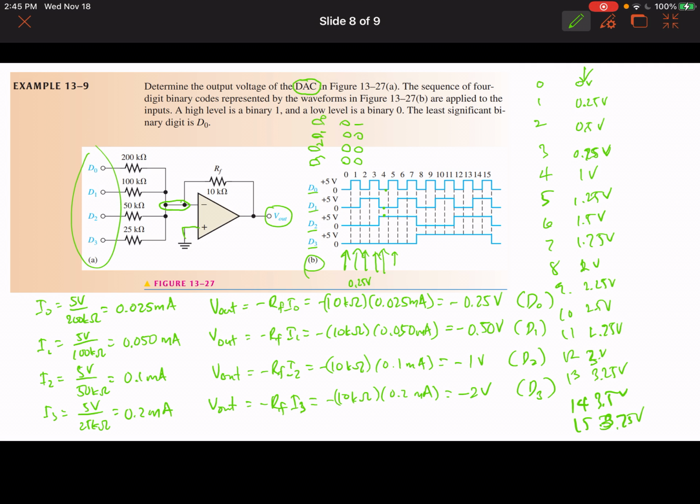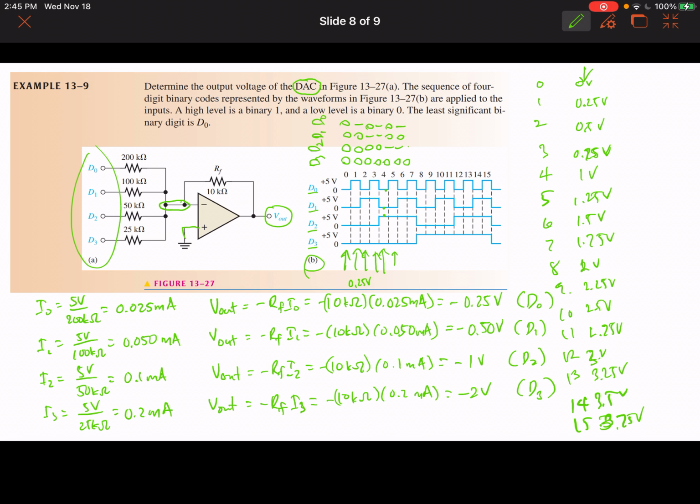For time 2, we have only D1, which is non-zero, so 0, 0, 1, 0. For time 3, we have both D1 and D0, so this is 0, 0, 1, 1. For time 4, we have D2, which is non-zero, 0, 1, 0, 0. For time 5, we have D2 and D0, 0, 1, 0, 1.